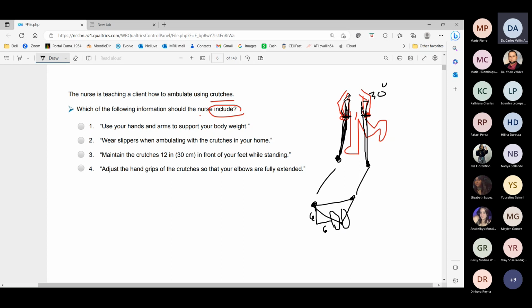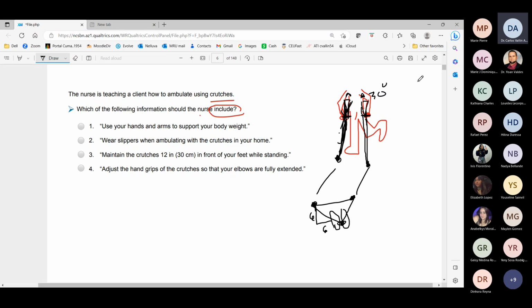But nurses need to supervise that the client is safe, and this tripod position is safe because it prevents falls, and it should be assured that it is not harming the axillary plexus, the nerves that are in the armpit. And the nurse can regulate the height of the crutches, because those are adjustable, to make it comfortable and safe for the client.